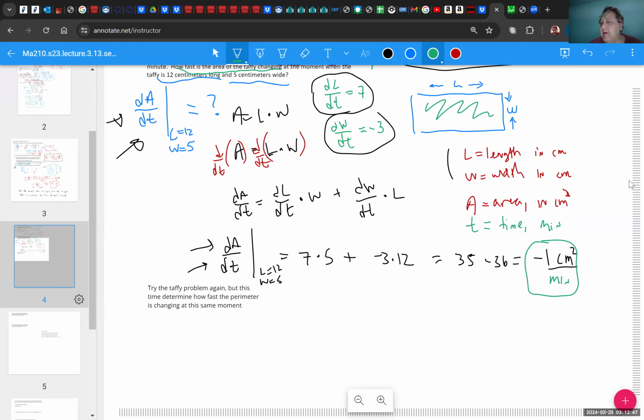This section 3.9 oftentimes has a label as one of the harder sections in first year calculus. These related rates problems are one of the three things students say are really, really tough in Calculus 1. The other two are curve sketching, where we do a lot of stuff with first and second derivatives, and then maximum-minimum word problems, another type of word problem where we are trying to find the largest or the smallest of something.